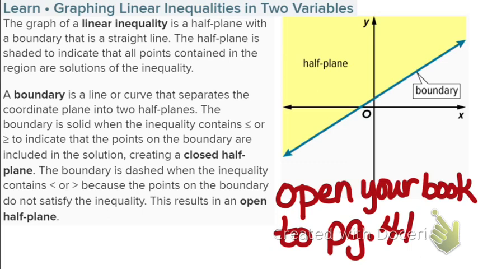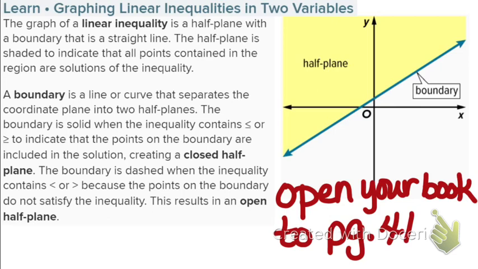Yes, that's exactly right. So when we've got greater than and less than, alligators are eating one way or the other. If it's just the greater than or less than, we use a dashed line. It's an open boundary. If it has that little or equal to line underneath it, that's when we're going to draw a solid line. All right? So far, so good?